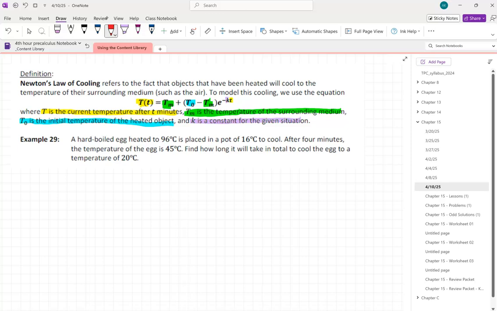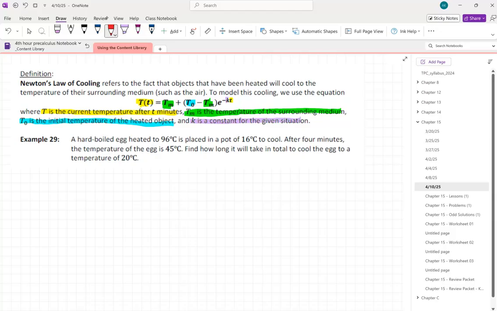So the cookie's now at 350 degrees. Take it out of the oven and you set it in your kitchen to cool off. So in that situation, the initial temperature of the cookie is 350 degrees. The temperature of the medium is the room temperature in your kitchen, like 70 degrees.